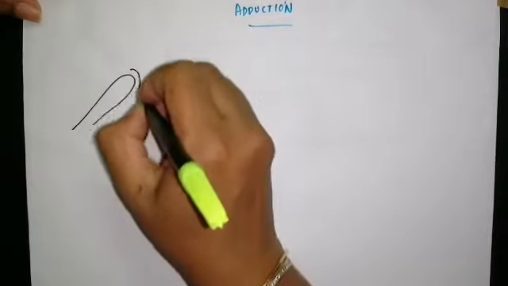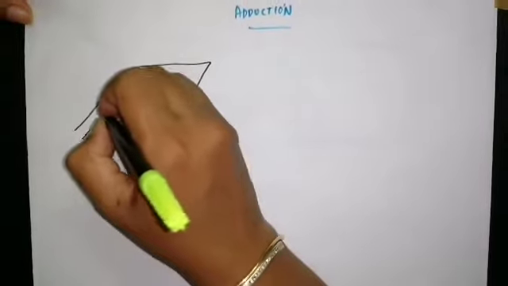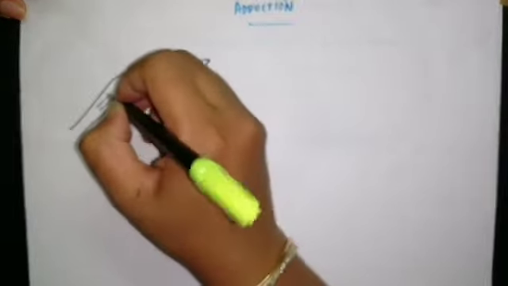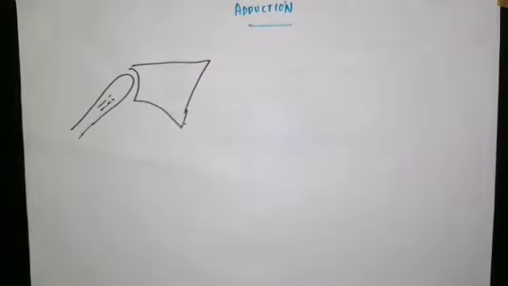Now adduction is caused by muscles which are attached to the lateral lip, medial lip or floor of the bicipital groove. Three muscles: pectoralis major, teres major, and latissimus dorsi.